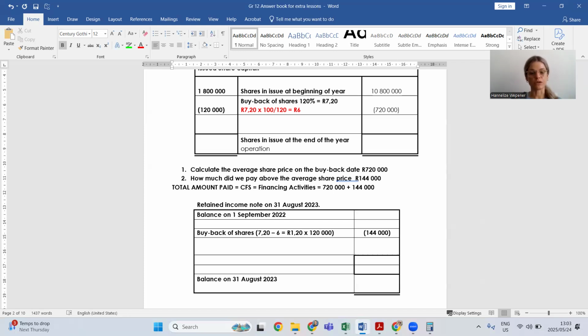And remember that in your cash flow statement, you are looking at the total cash inflows and cash outflows. In this case, we have a cash outflow of the total amount that we paid for the shares, consisting of the average share price plus the amount above the average share price.